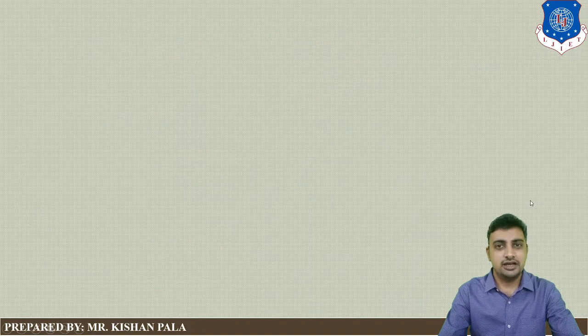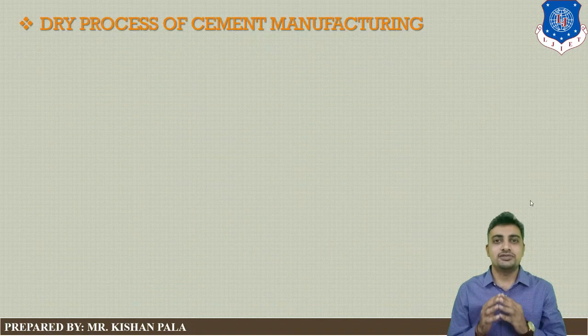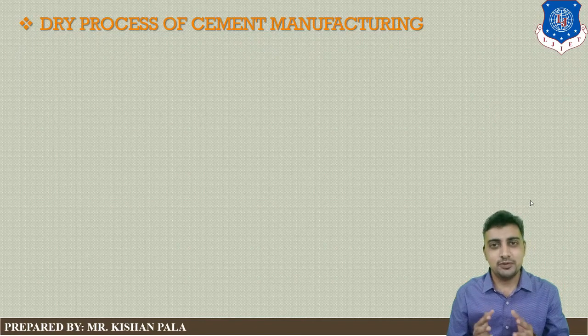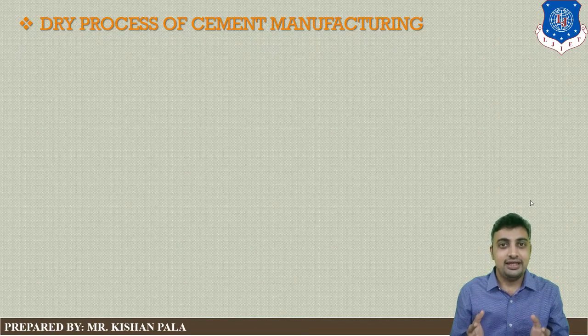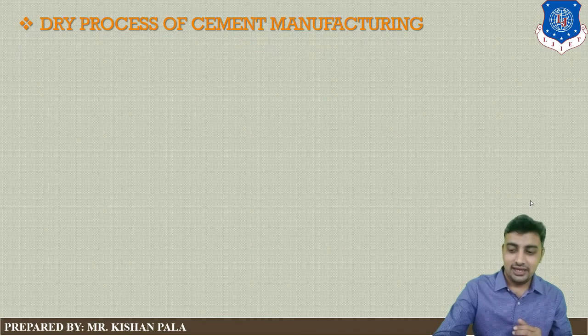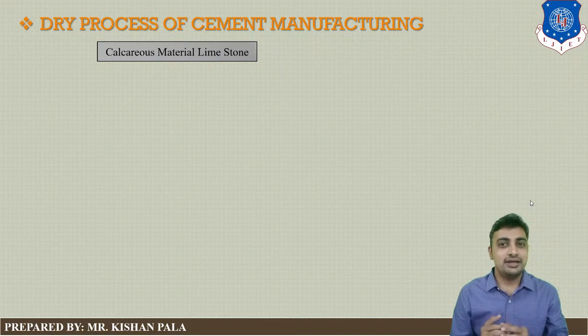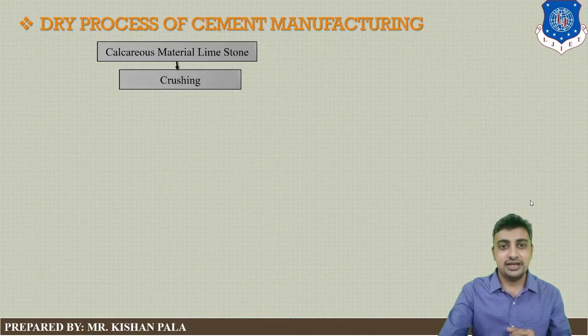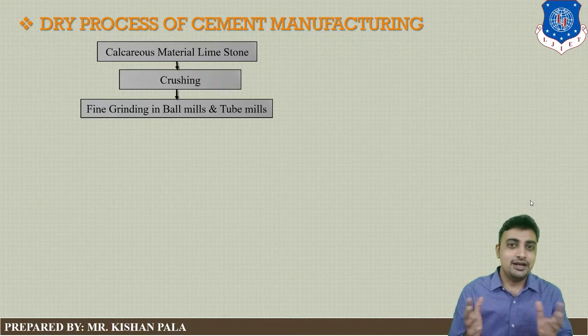Let us discuss the dry process of cement manufacturing. In this process, the raw materials are mixed dry in the correct proportion and a dry raw mix is formed. The limestone is collected and crushed in the ball mills and tube mills.